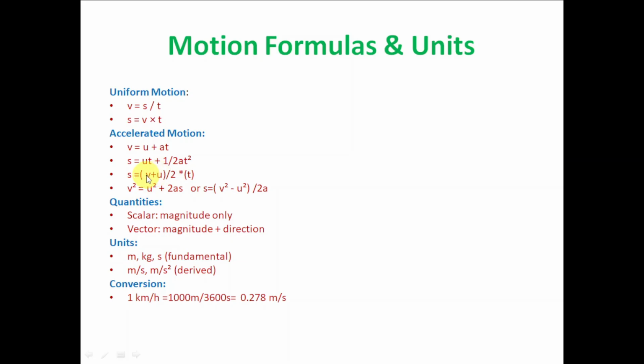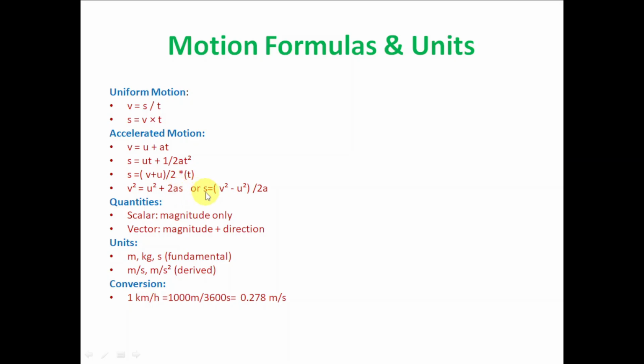So if you are given final speed and initial speed and the time covered, and you are asked for distance, you use this formula. The other formula is final velocity squared is equal to initial velocity squared plus 2 times acceleration times distance.